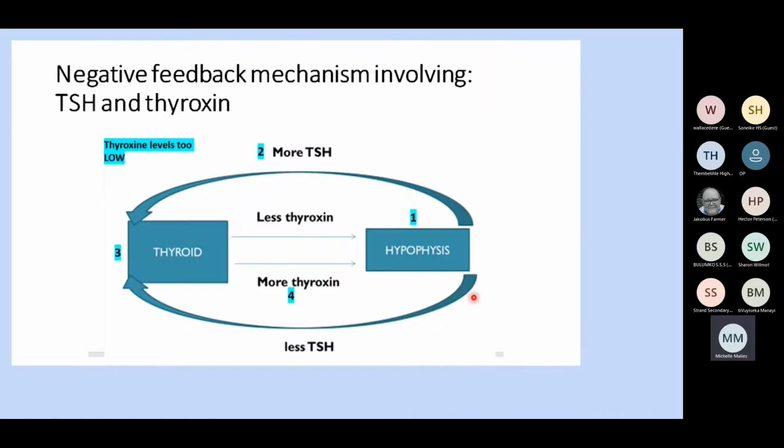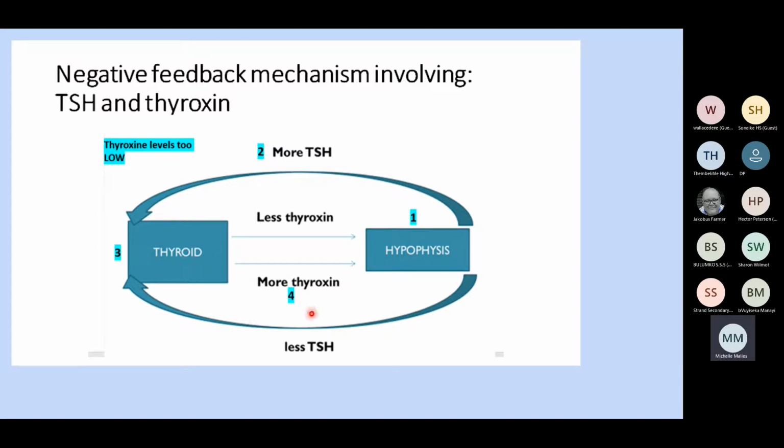1, hypophysis is stimulated. 2, more TSH is produced by the hypophysis. 3, thyroid gland is stimulated by the high TSH. 4, more thyroxine is secreted by the thyroid gland.